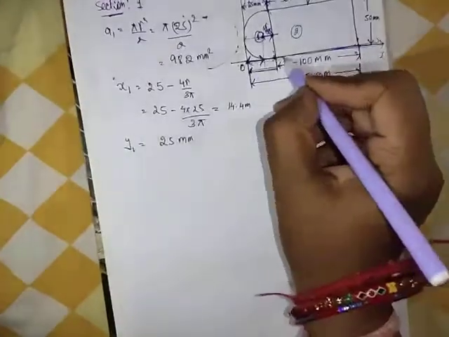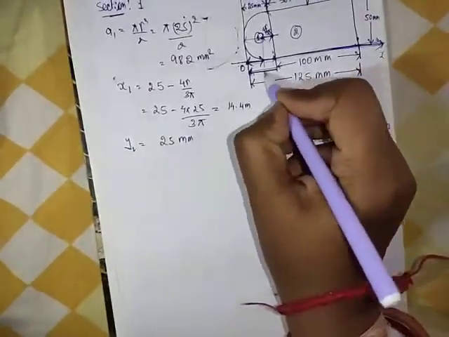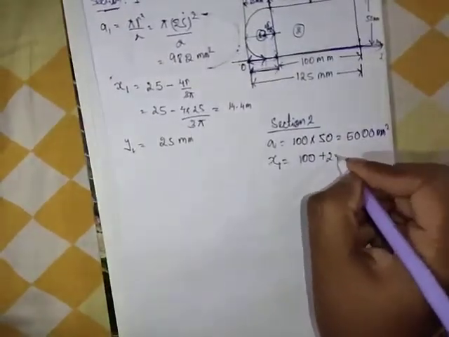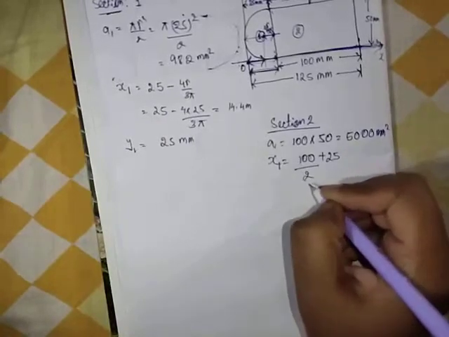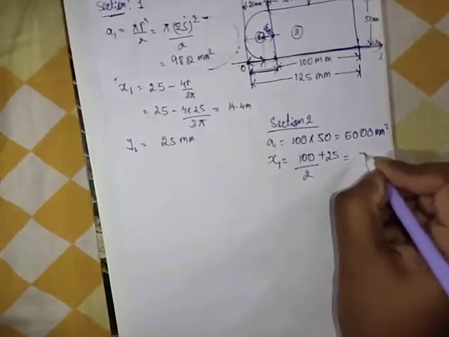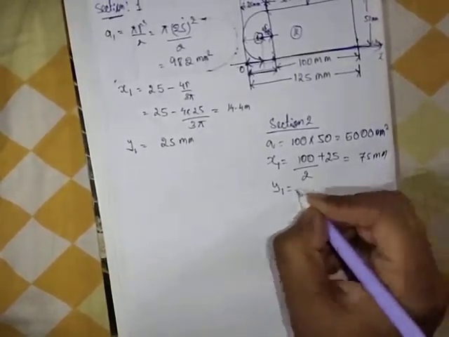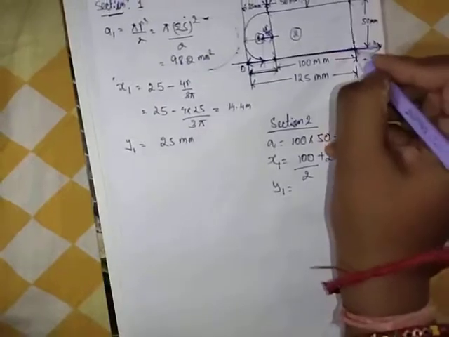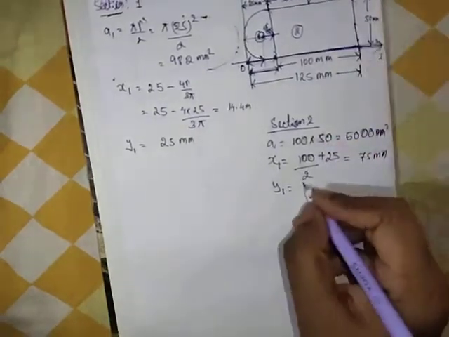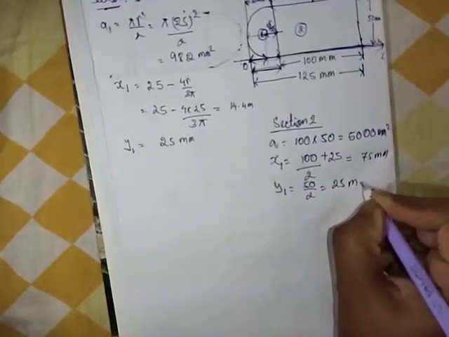So we cannot leave this distance. So 100 divided by 2 plus 25, so this becomes 75 mm. Similarly, what is y2? Y2, this is the base, from the base we are going in this direction. So 50 by 2, that equals 25 mm.